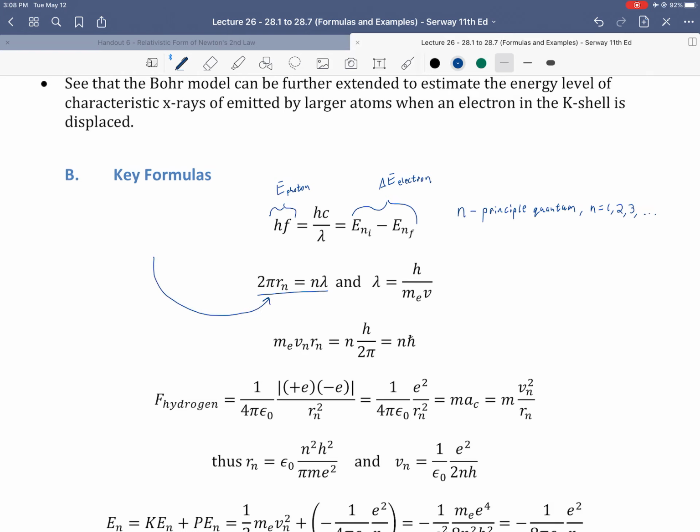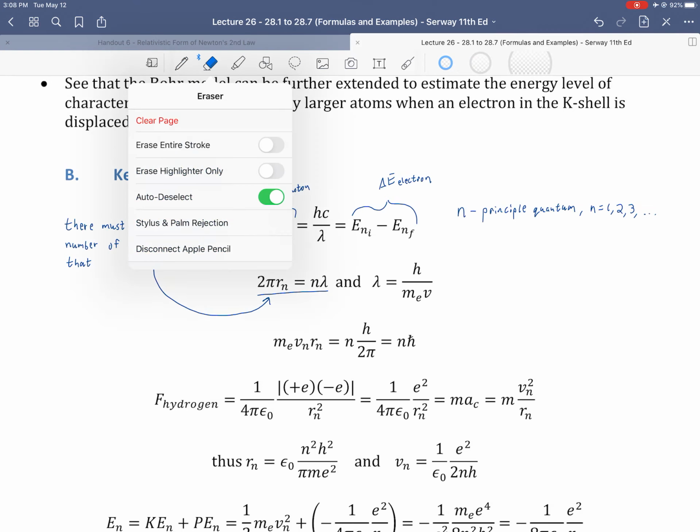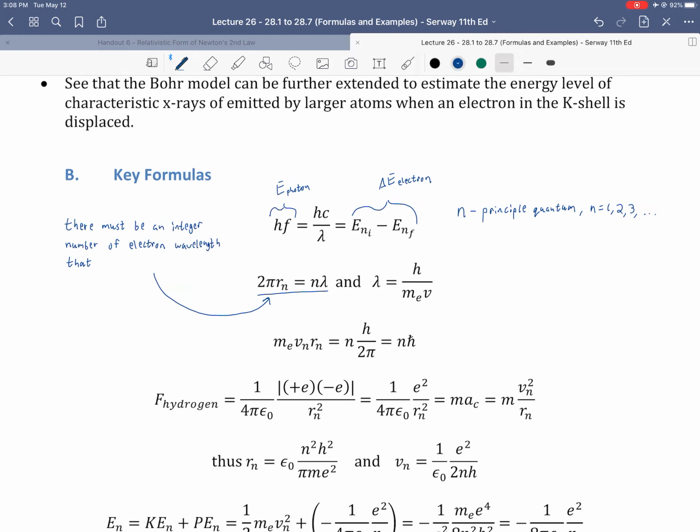But here I'll just point out that what this states is there must be an integer number of electron wavelengths that fit, kind of a general term there, that fit in any electron orbit.